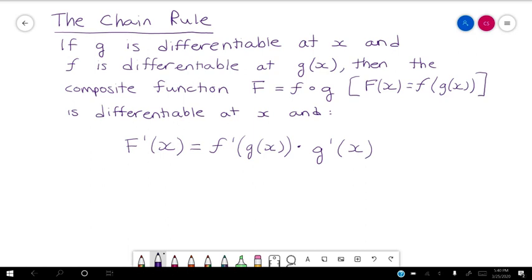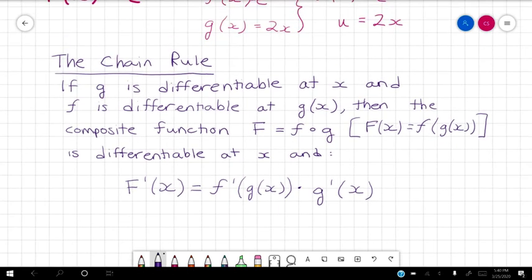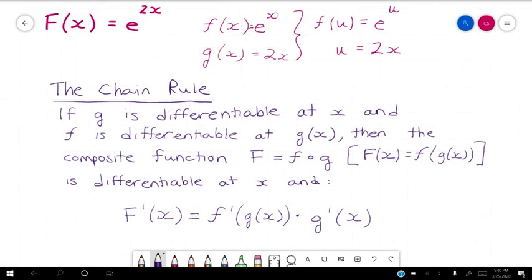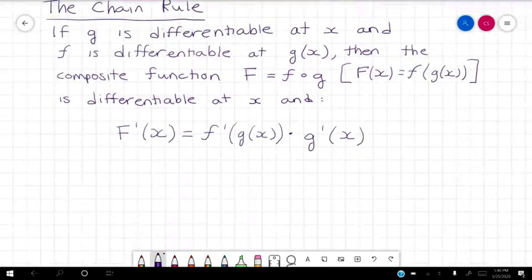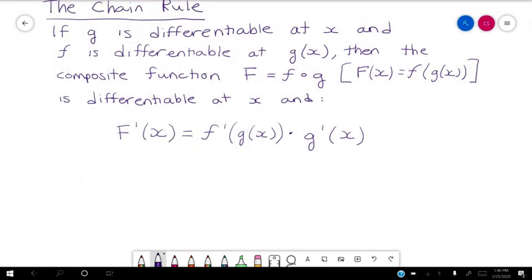We can also state the chain rule using Leibniz notation and writing everything out in terms of u. Let's see what that would look like. I'll write it in a different color. In that case, I'm going to switch over to y's.